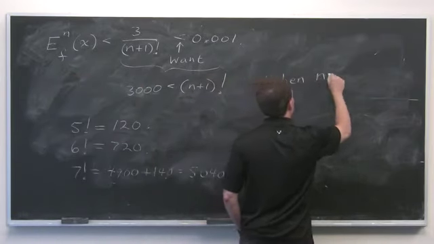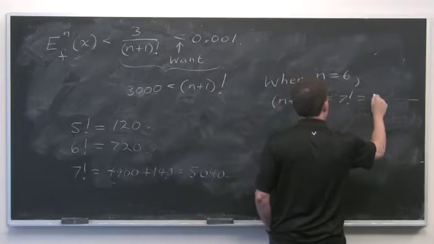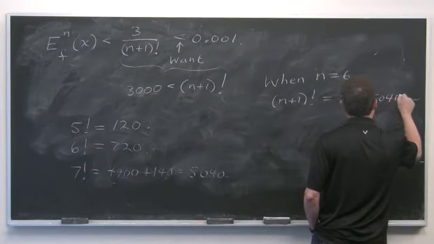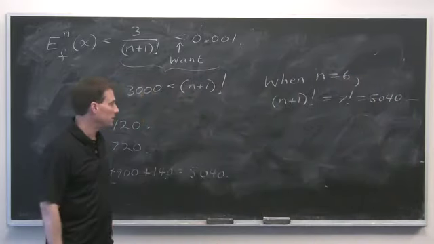When n is equal to 6, n plus 1 factorial equals 7 factorial equals 5,040. So that's enough. You need n to be 6.